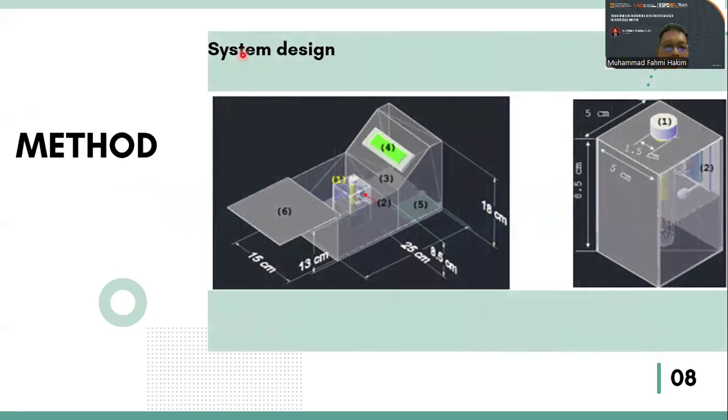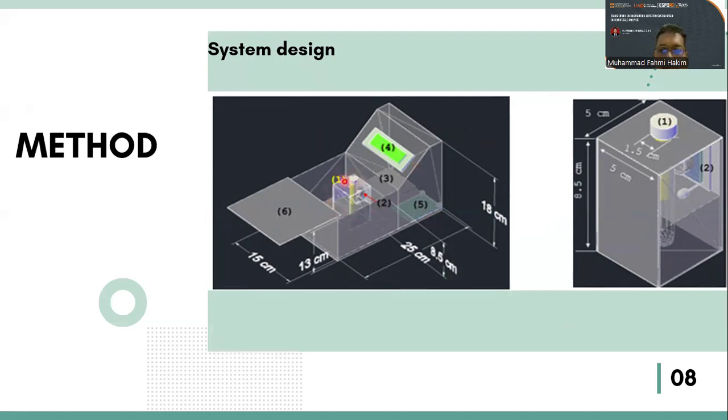Now, this is the design of our prototype with the dimensions. These figures show the design of the transformer oil degradation level detection system based on the color scale, which consists of components such as a transformer oil sample tube chamber, number one here.